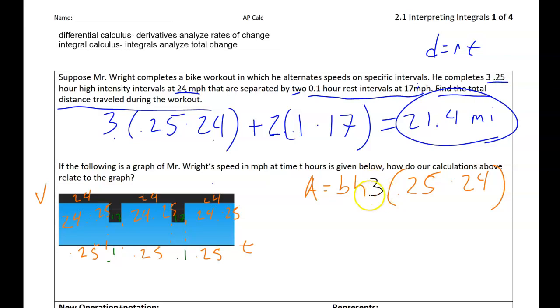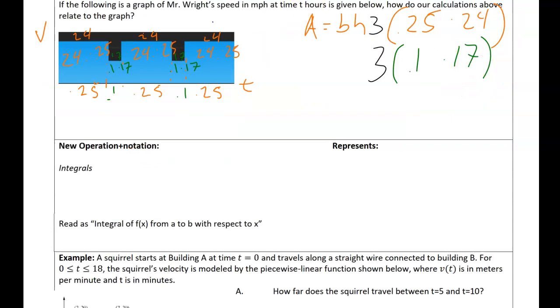And for my green rectangles, same thing: 0.1 times 17, and we have 2 of those. So notice I do the same math to find the area under the curve as I did to find the total change. It's the same thing. And that's the key takeaway here: the area under a graph can represent a total change, and that's an integral.